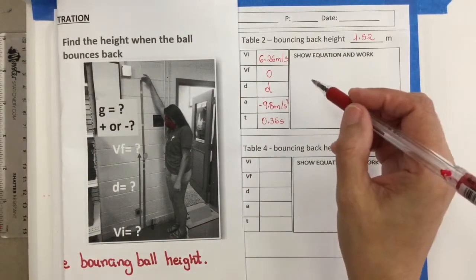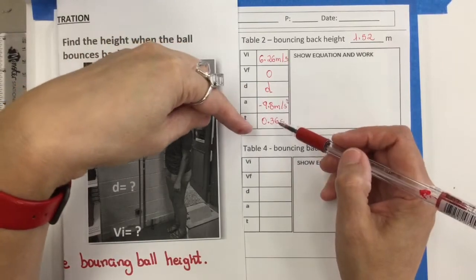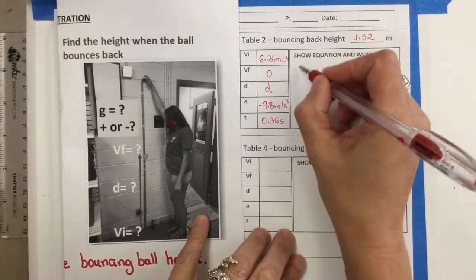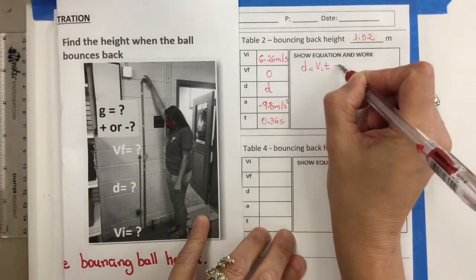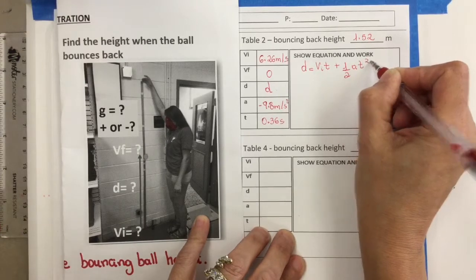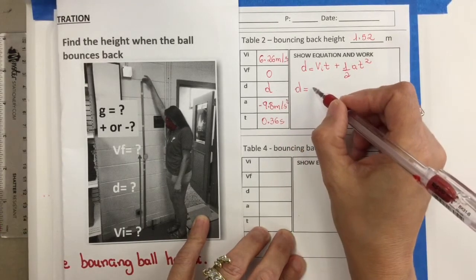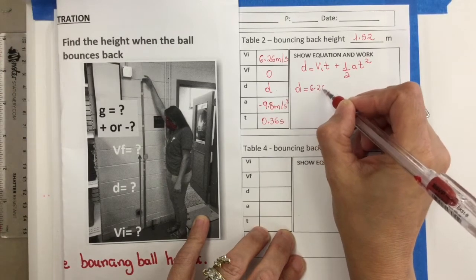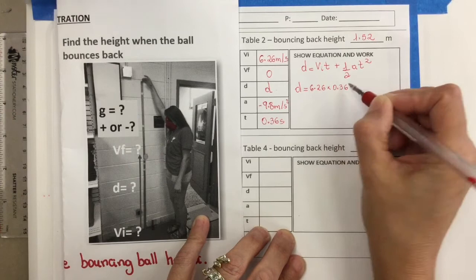Now we need to find a formula that includes distance and time. That will be our choice: distance is VIT plus half AT squared. So D is our VI, 6.26, times the time, 0.36.